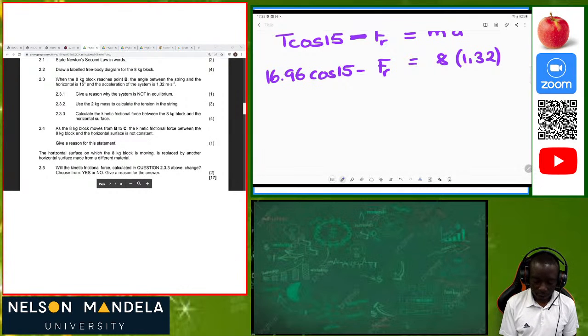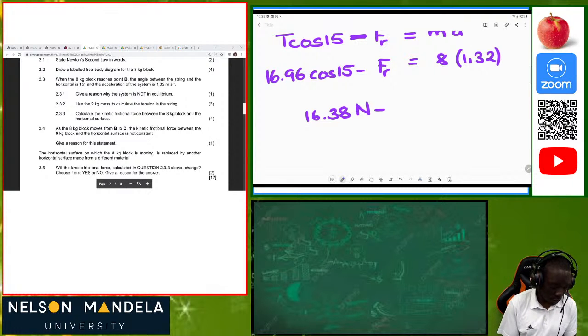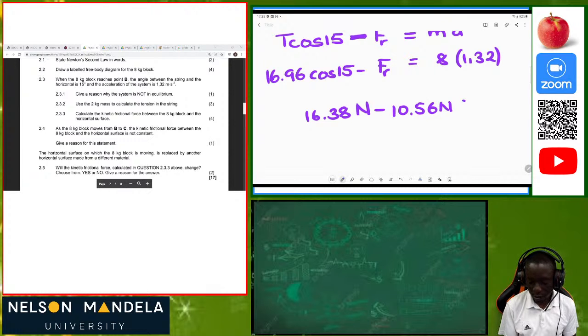That means 16.96 cos 15 is 16.38 newtons minus 8 times 1.32. 8 times 1.32 is 10.56 newtons, equals the kinetic frictional force.